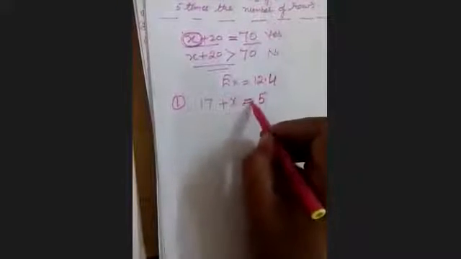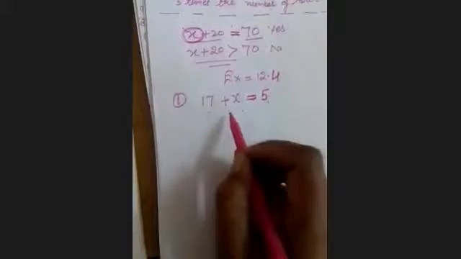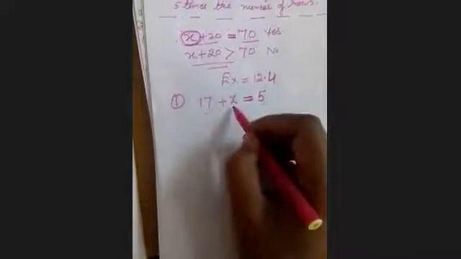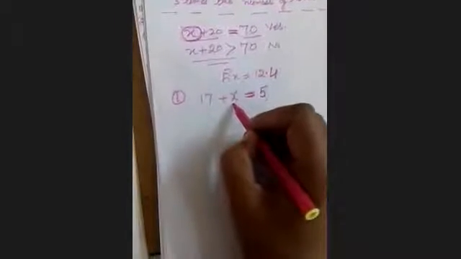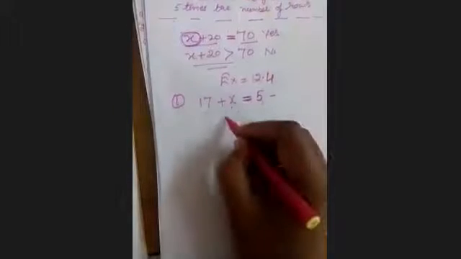Now students, you can see we have two parts, left hand side and right hand side, and the sign between them is equal to, and the variable used to form this equation is x. So first your answer is yes.